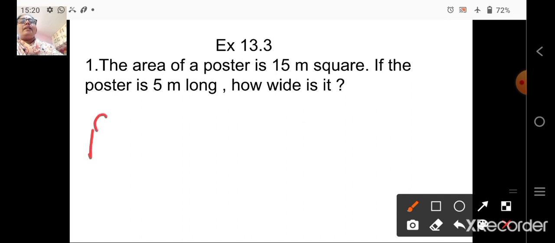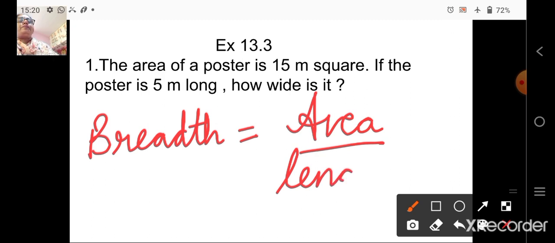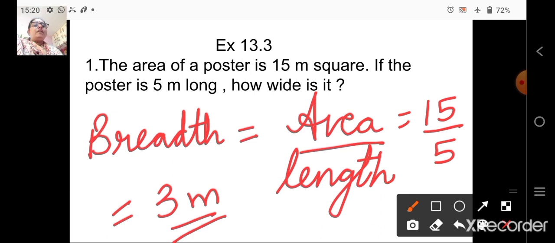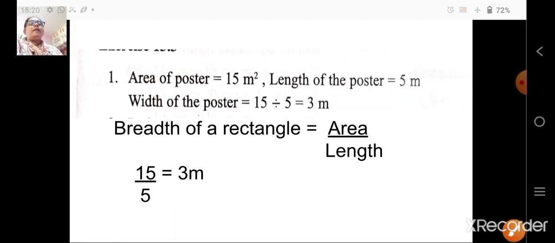To find the breadth, we divide: breadth is equal to area upon length. Area is 15 meters square and length is 5 meter. When you divide 15 by 5, you get 3 meter, because 5 threes are 15.